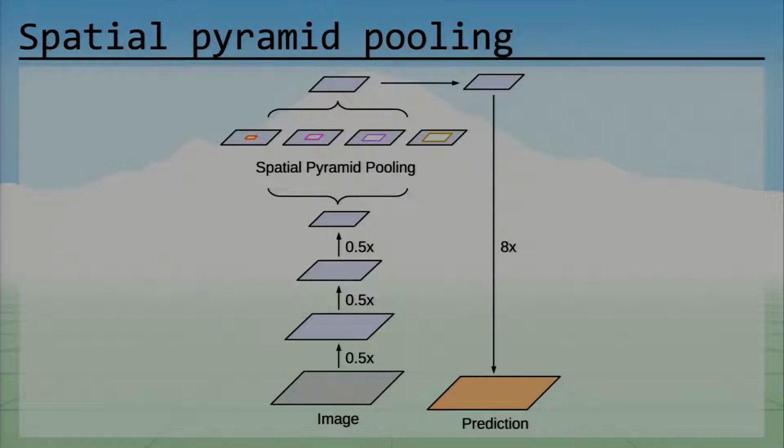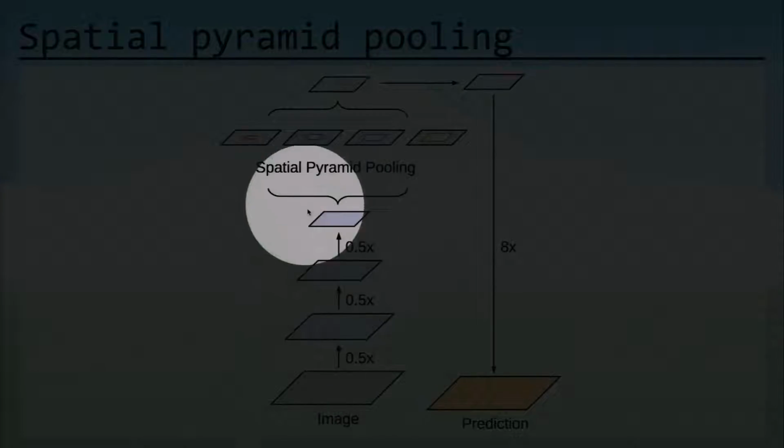We also talked about spatial pyramid pooling, which was this idea that objects occur over multiple different scales, and if we're producing segmentation masks for an image, we might want to look at different scales in the input image or different scales in the feature map. So we have some output feature map from our encoder.